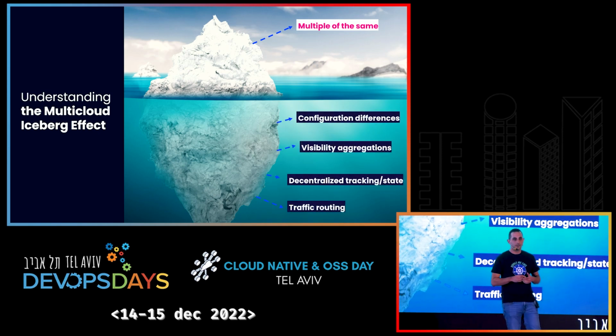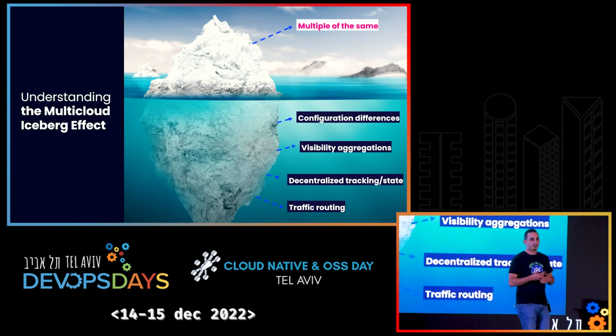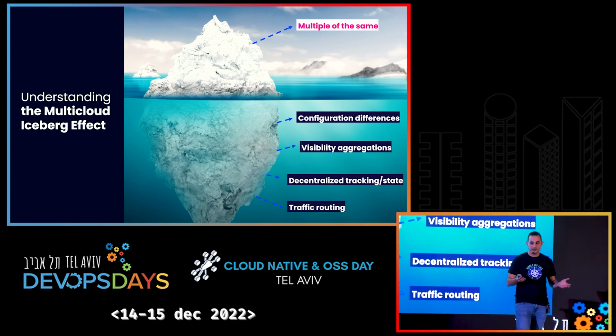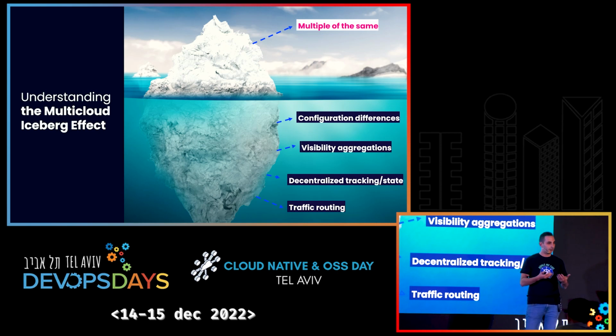There's a lot of things that people forget when working with multiple cloud environments or cloud providers, such as configuring things in a different way. That is a requirement when working with multiple cloud providers. How would you go about aggregating visibility metrics and data on multiple clouds, tracking or kind of decentralizing the state of your infrastructure across multiple providers in your environments, and of course, routing traffic from your users to the applications that you're providing?